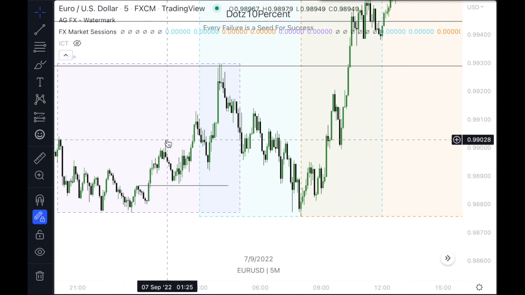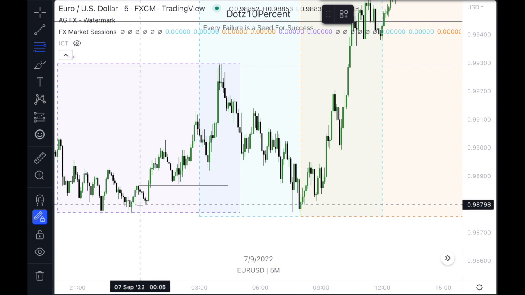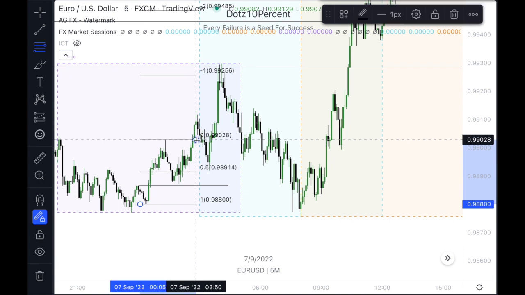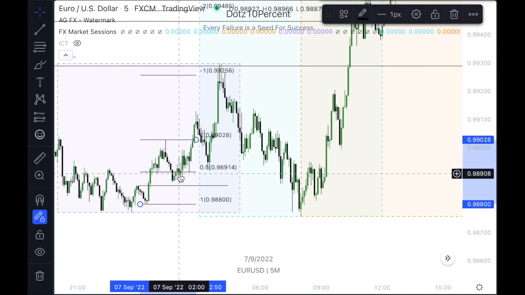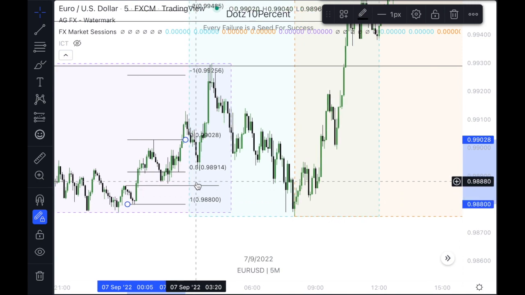Once you saw this displacement away, you could have put a fib from this low to that high, waited for price to come to the discount, and wait for price to trade into these fair value gaps, potentially into this order block or this breaker block over here. But of course, price did trade into this fair value gap, reacted and moved away. So this was the first opportunity to catch a trade, right?